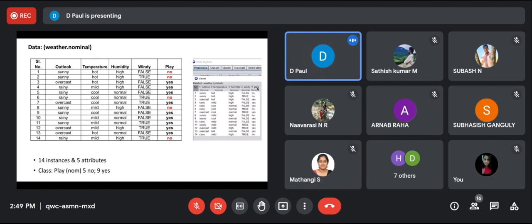This play attribute is also known as the classifier. So here we have 14 instances and 5 attributes. Class is play. Under play we have 5 no and 9 yes.